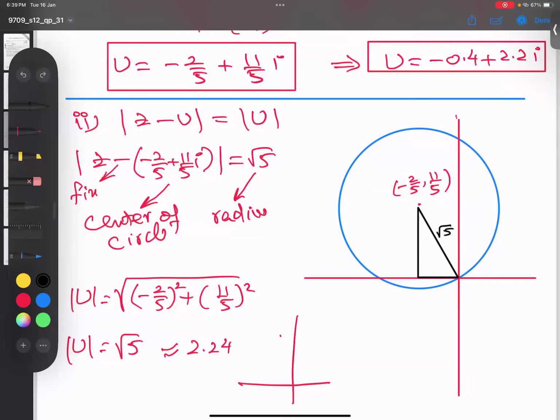And that's it. This is the real axis, and this is the imaginary axis, Img for short, and this is O for the origin, and the center is very clear. This triangle is not compulsory to make, it's just for you. I hope the concept is very, very clear.